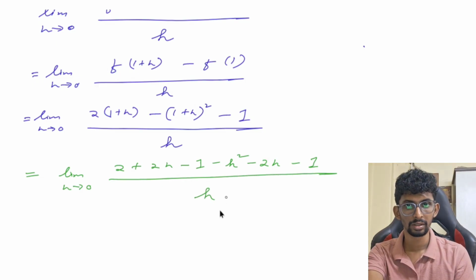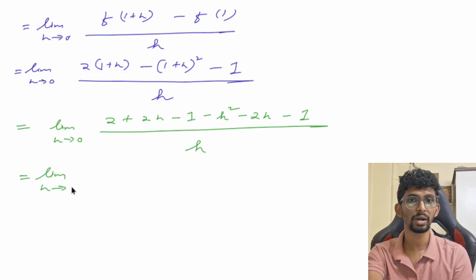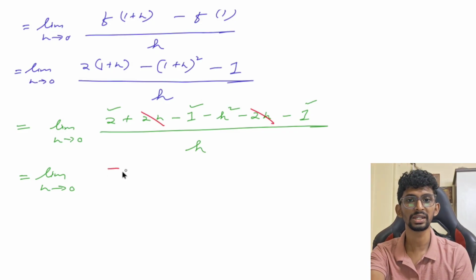Now this will become limit of h tends to 0, 2 minus 1 minus 1, that is 0. 2 minus 1 is 1, 1 minus 1 is 0, and 2h is also getting cancelled. So we are left with minus h square. So it will be minus h square by h.